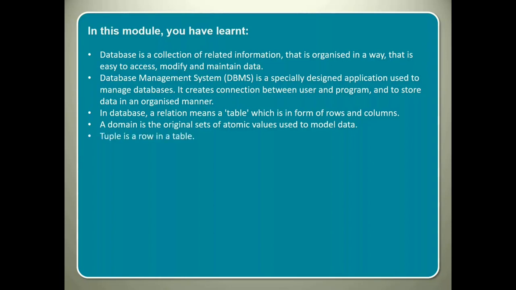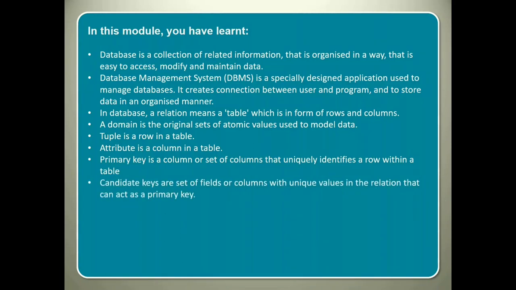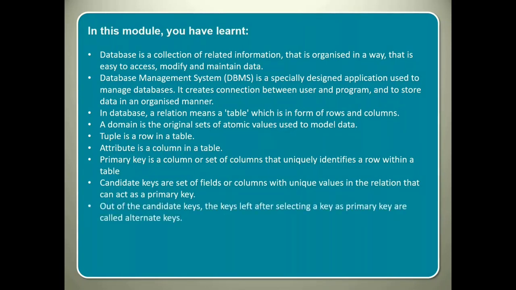Tuple is a row in a table. Attribute is a column in a table. Primary key is a column or set of columns that uniquely identifies a row within a table. Candidate keys are sets of fields or columns with unique values in the relation that can act as a primary key. Out of the candidate keys, the keys left after selecting a key as primary key are called alternate keys.